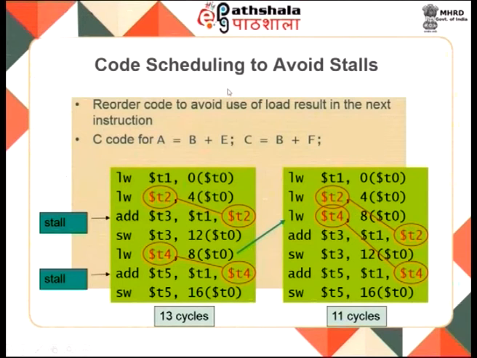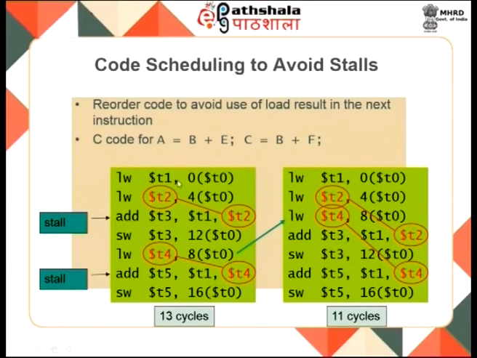Now, this problem can also be avoided using proper code scheduling. The compiler can reorganize the code, or at the hardware level a dynamic reorganization of the code is possible, to separate the two dependent instructions so that they do not cause a problem in the pipeline. For example, here I have a first load instruction, a second load instruction, and following the second load instruction a dependent add. You cannot execute this dependent add right away because it is dependent on the load.